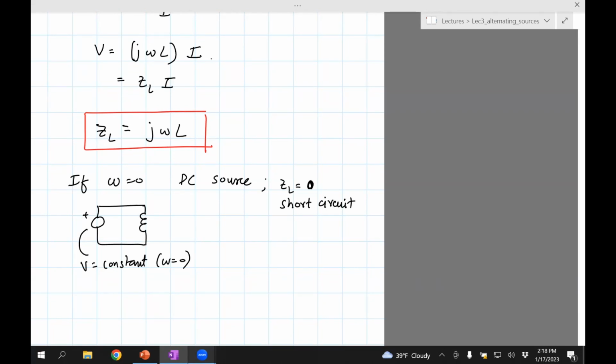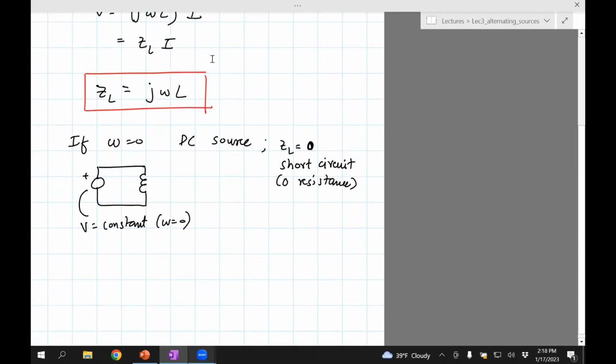A short circuit happens when there is 0 resistance. So what we can do is replace this circuit with a wire. This is a short circuit.